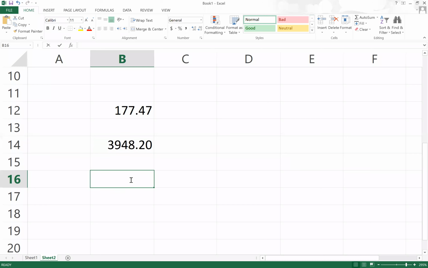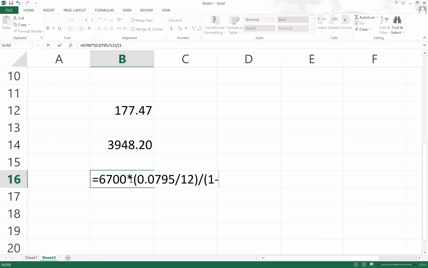Okay, now 6,700 times open parentheses 0.0795 over 12. Okay, that takes care of the numerator, and the denominator is 1 minus 1 plus 0.0795 over 12 raised to the negative 60 power.